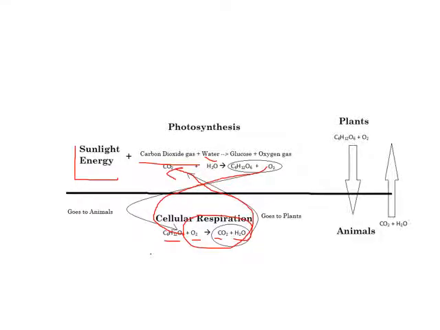And so what you get is plants give animals glucose and oxygen, and we give the plants back carbon dioxide and water. So it's a reciprocal living relationship between plants and animals.